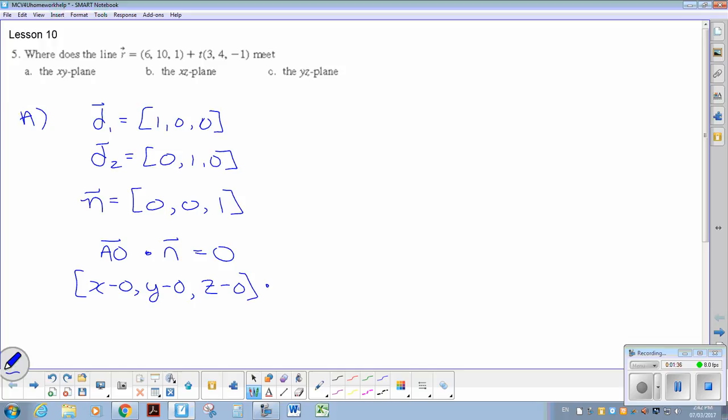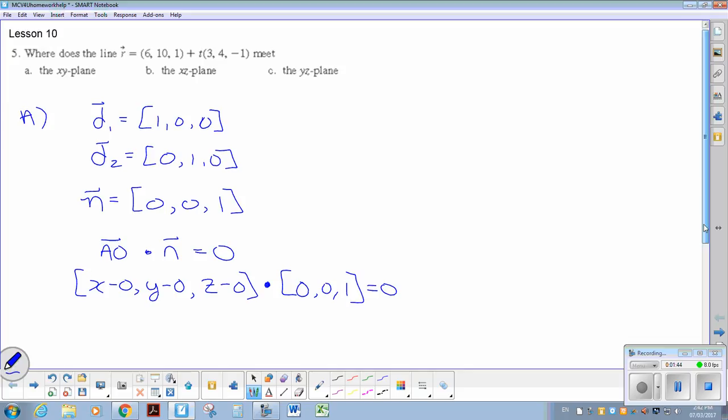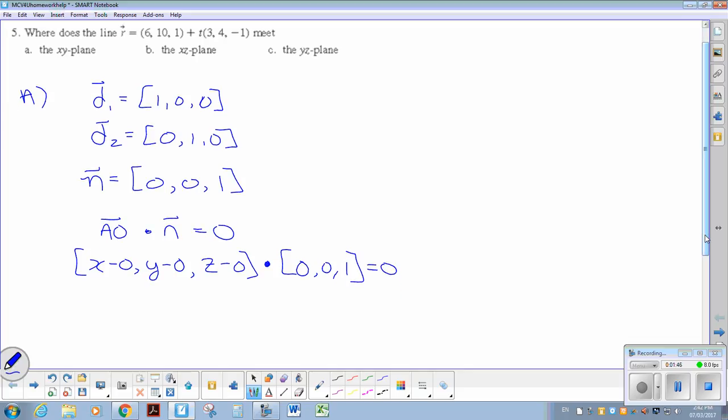I'm doing a ton of steps here just to show where things are coming from. And your normal would be 0, 0, 1. That is equal to 0. When you do the dot product, those go to 0. So we end up with z equals 0. That is the scalar equation of the xy plane.